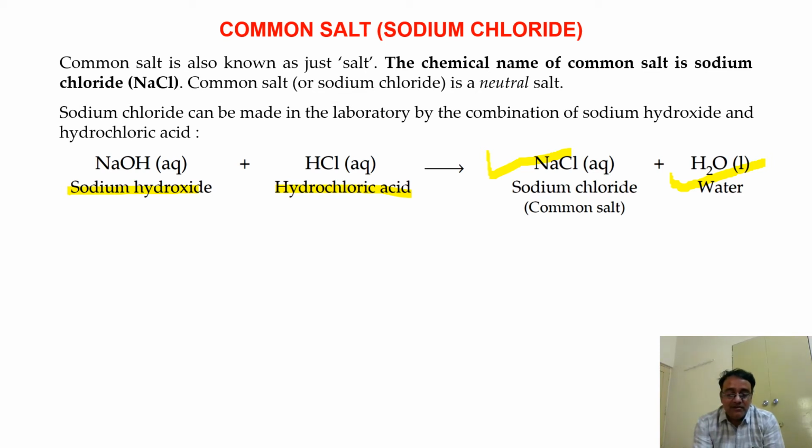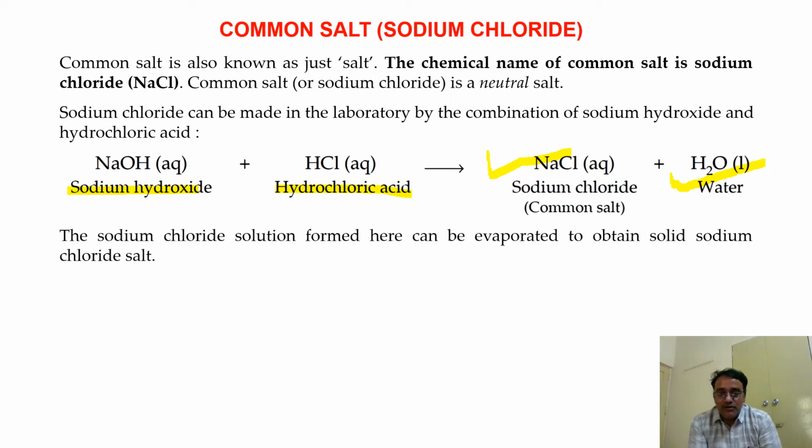But when we have to make it on a large scale, we will never use this laboratory method. We will use common salt obtained from sea water, also from underground deposits, also rock salt, it is also obtained from rock.